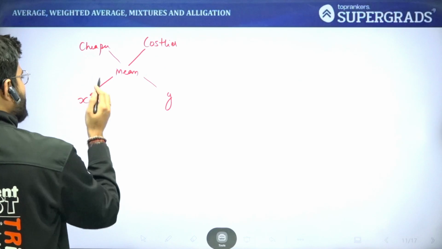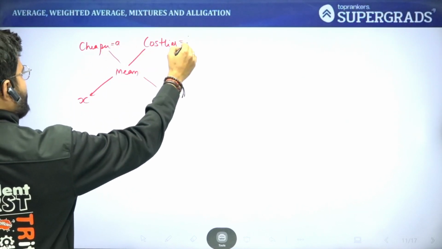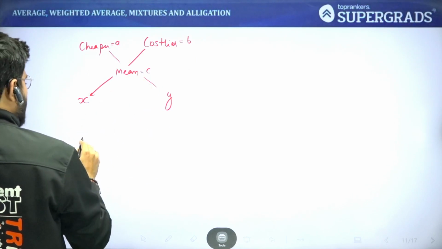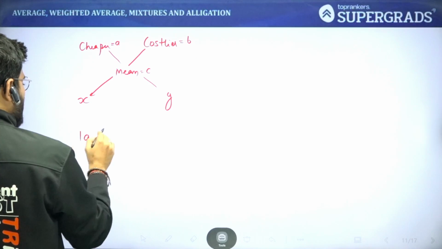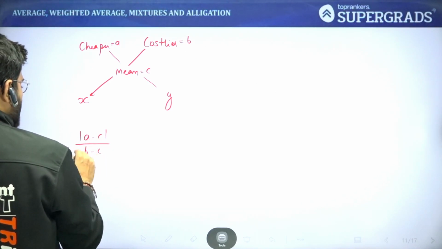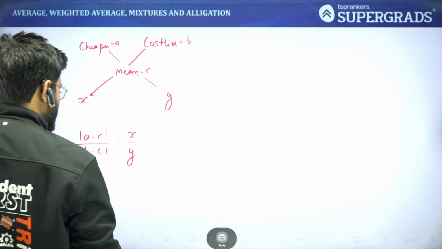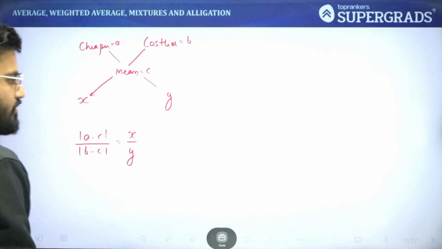Here, difference means absolute difference. So the value of cheaper is A, costlier is B, and mean is C. I can write it as |A minus C| upon |B minus C| will give me X upon Y. This is what allegation says.